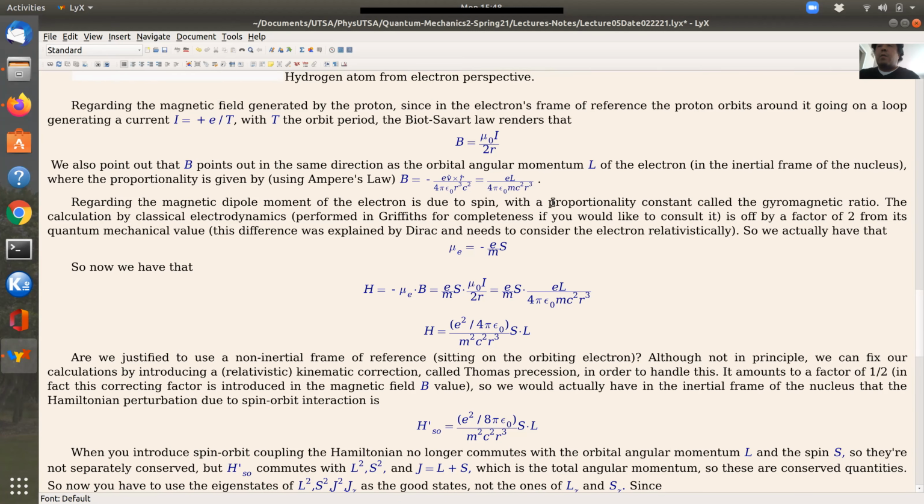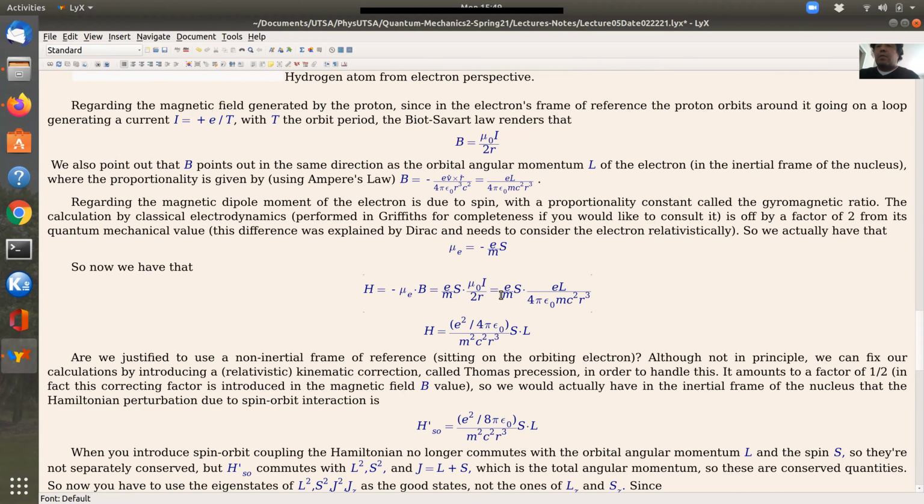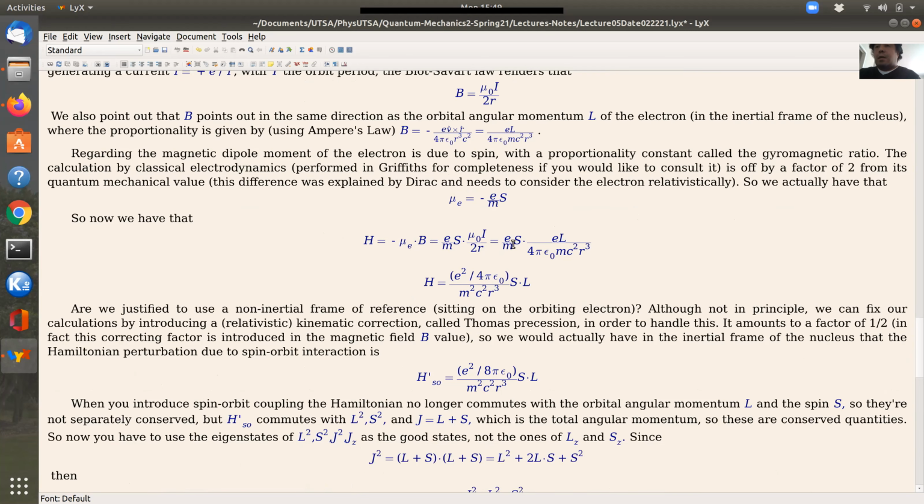And now that we know B, the magnetic field generated by the proton in this non-inertial frame, and the magnetic dipole of the electron, we can simply plug in the formula for the perturbation Hamiltonian and do some calculations, right? So what we are going to have essentially is a dot product of the spin of the electron with the orbital angular momentum of the electron as well.